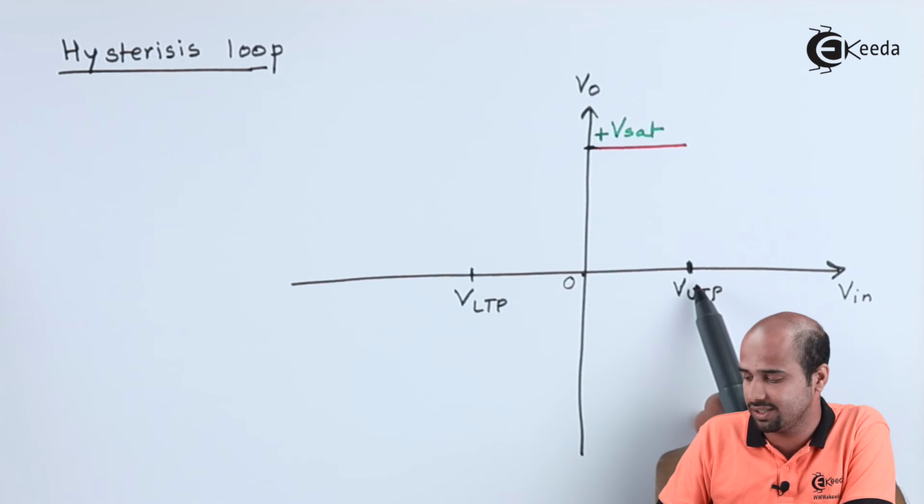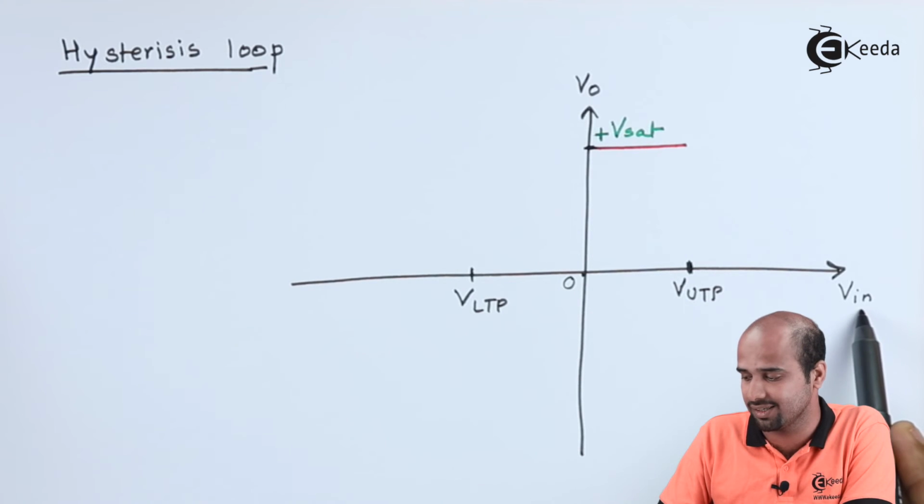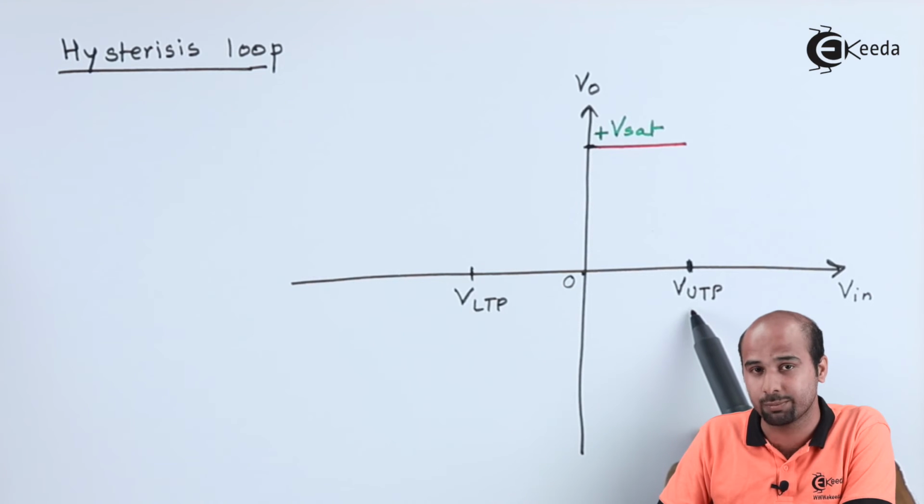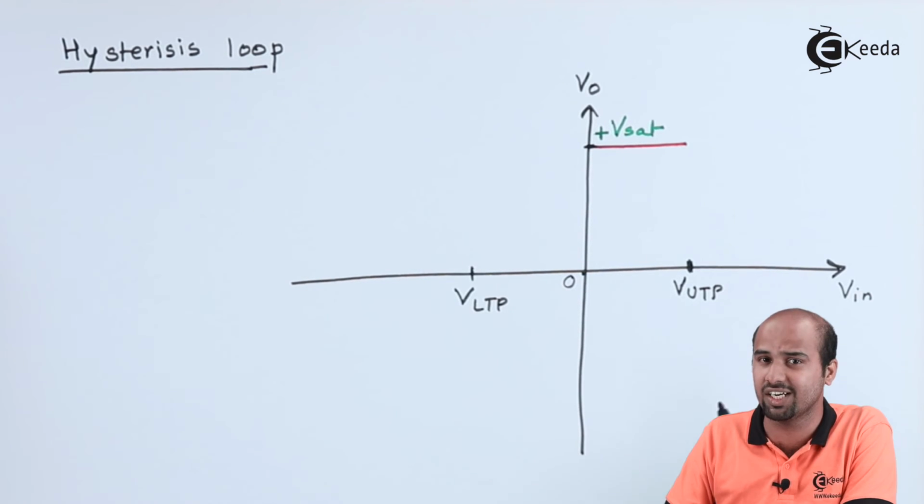greater than the VUTP. As soon as I get the value of Vin greater than VUTP, that means inverting voltage is greater than non-inverting voltage, then I will be getting VO is equal to minus Vsat.